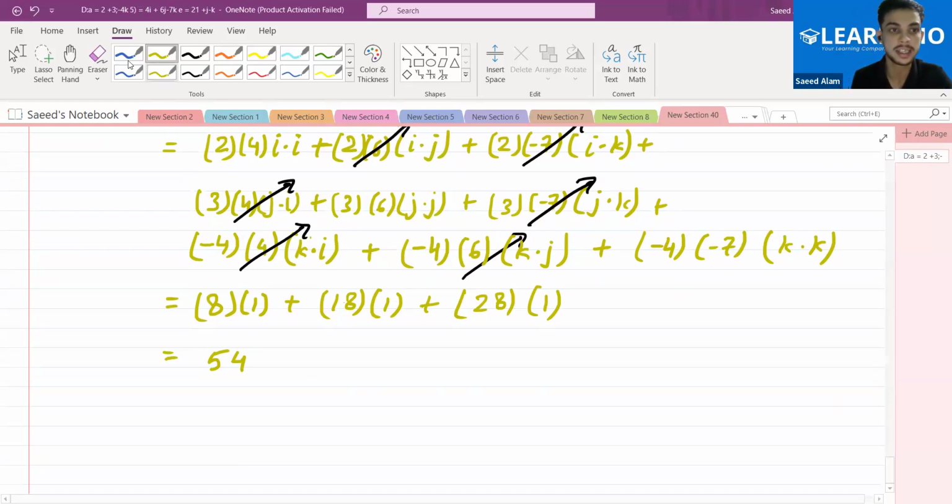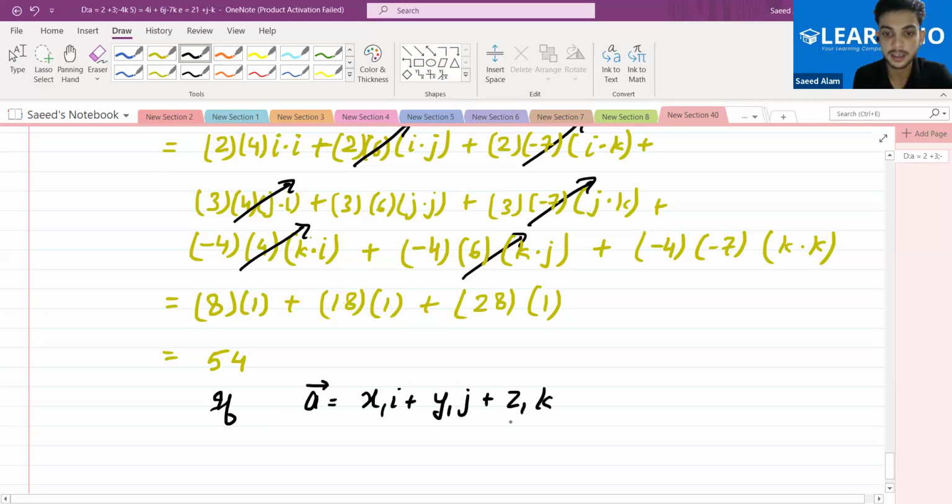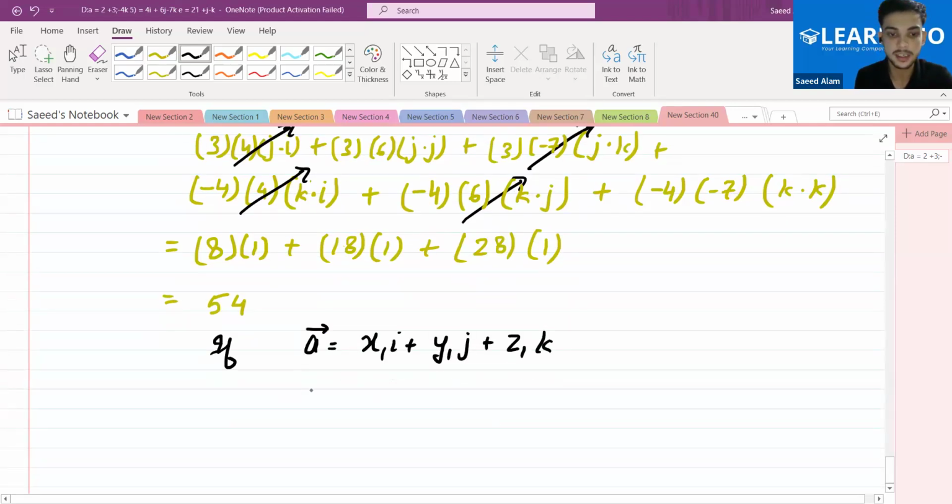Okay, so what I can generically write here is that if two vectors, a is given to me as x1i plus y1j plus z1k, and another vector b is given to me, that is x2i plus y2j plus z2k.